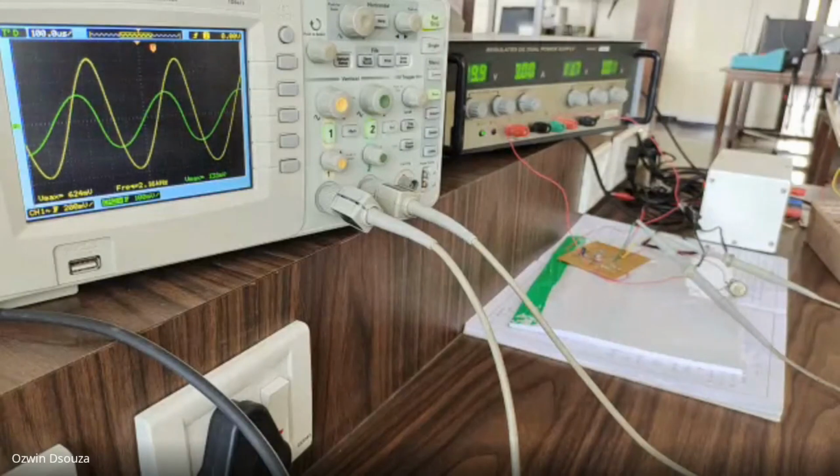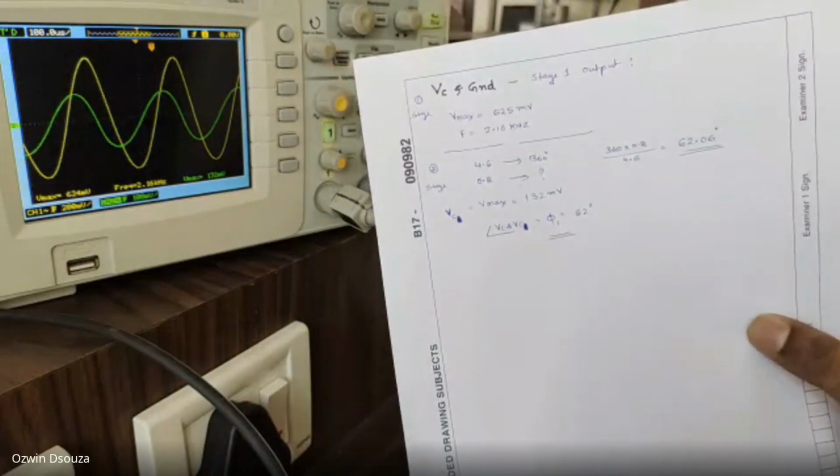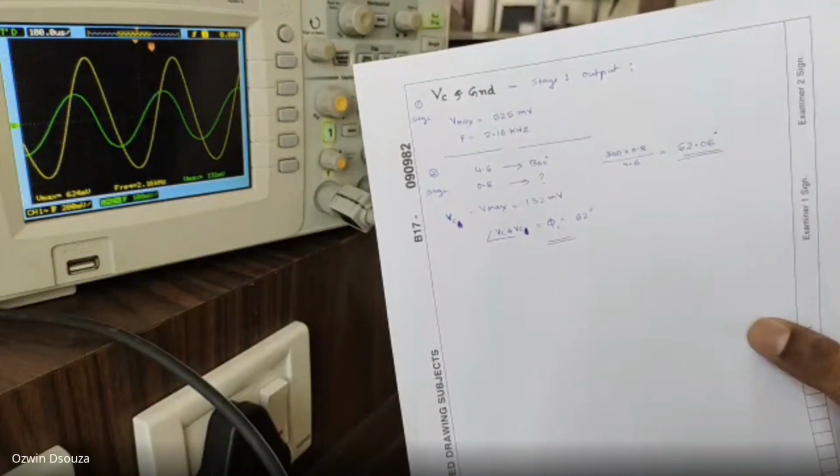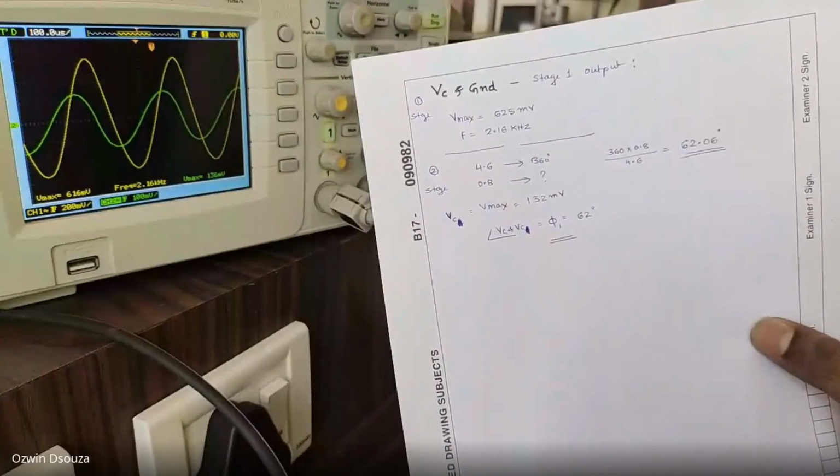Note here, this is how I am furnishing the result. This is how I have written. Stage 1 I have taken as VC.